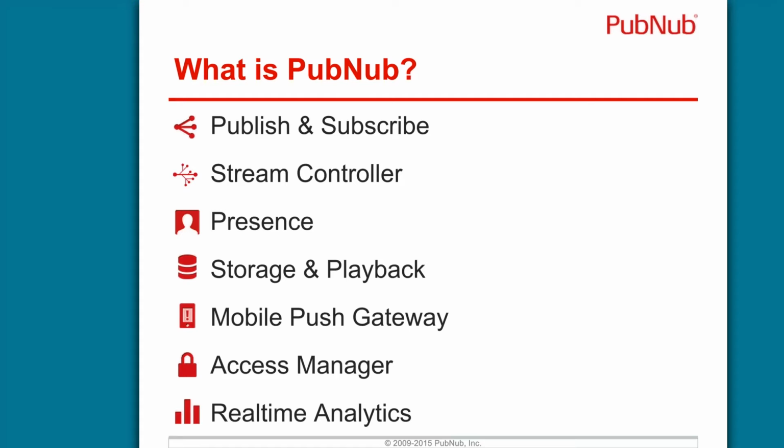If you were going to stand up something like a global chat app that was used by millions of people, you'd have to invest in quite a bit of infrastructure to set up the systems required to scale that large. We've already done that for you. We're globally distributed, and we have many clients that push a lot of data through our infrastructure, and they do it very, very fast and reliably.